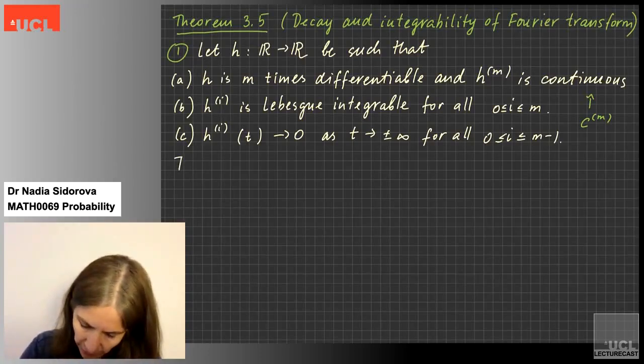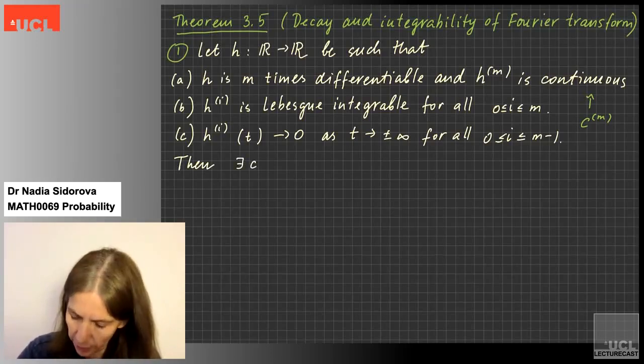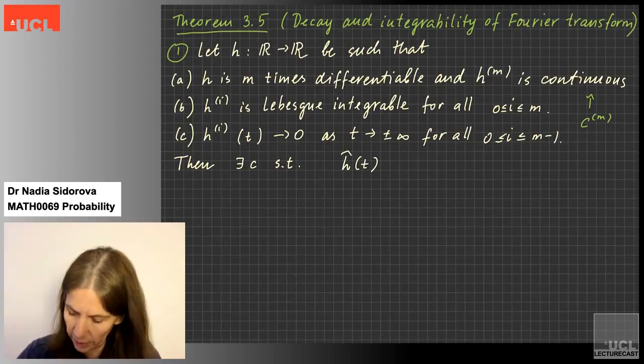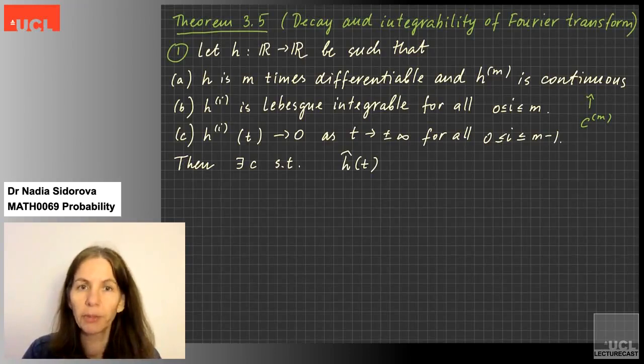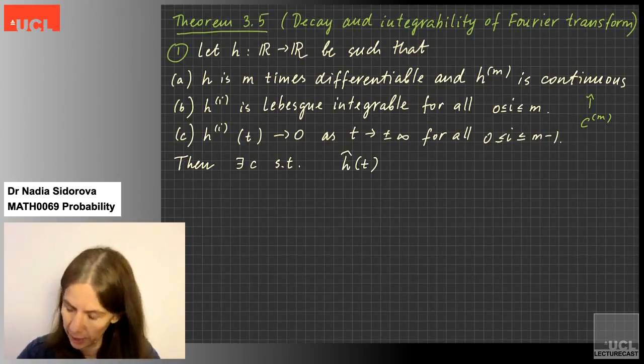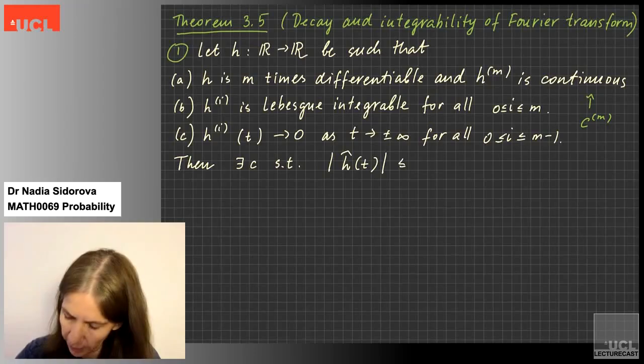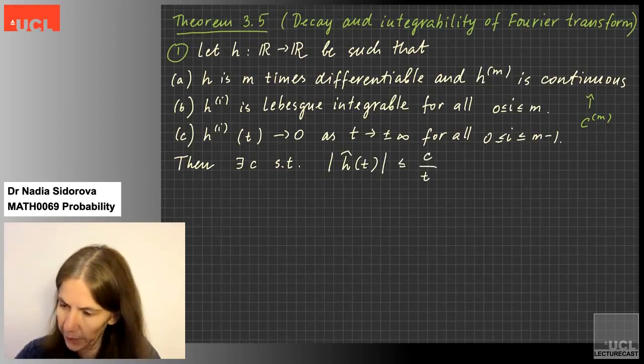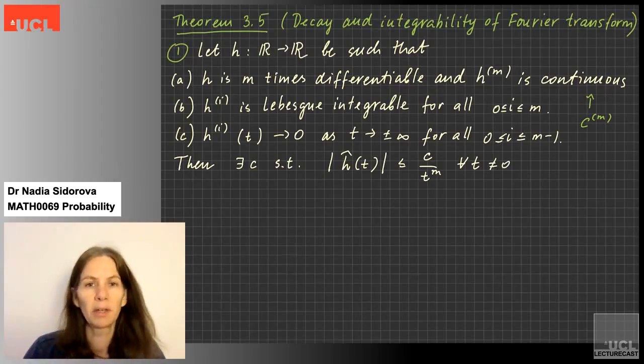So then there exists a positive constant such that the Fourier transform of h, so if I said h in my previous sentence, I should correct myself, I'm talking about the Fourier transform of h, is bounded by c over t to the power m for every t different from 0, because for 0 this formula doesn't make sense.